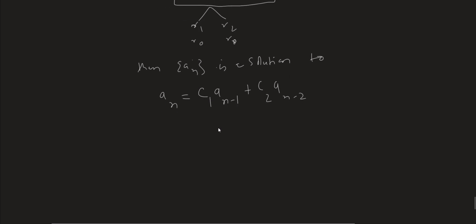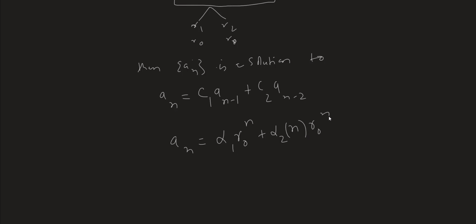so all of this is true if and only if an, the solution, is equal to alpha 1 times r0 raised power n plus alpha 2 times n times r0 raised power n. So this is the addition, the one that differentiates it from the equation that we discussed previously.